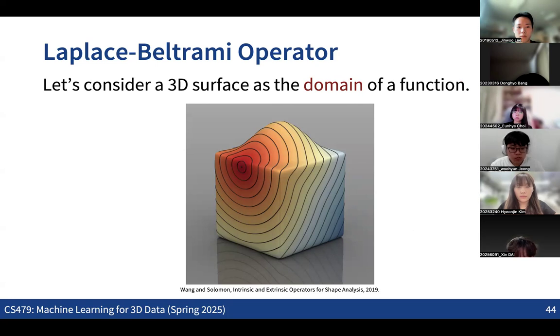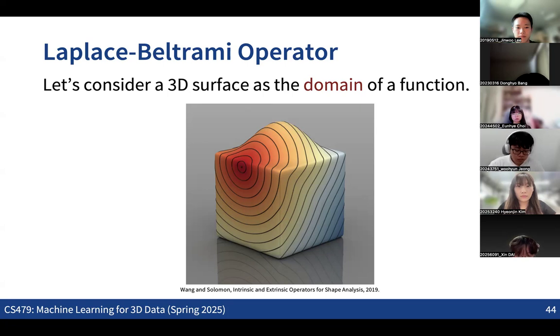As you can see in this figure, a function can take an arbitrary 3D surface as its domain. As in Euclidean space, we sample a bunch of points over the space, evaluate the function at those points, and represent the function as a discrete vector.